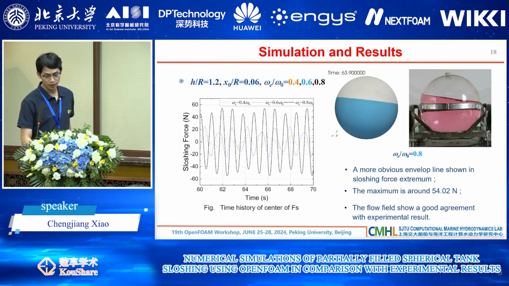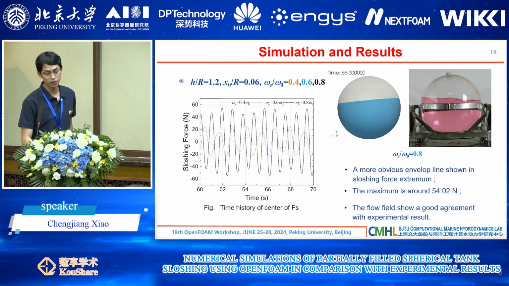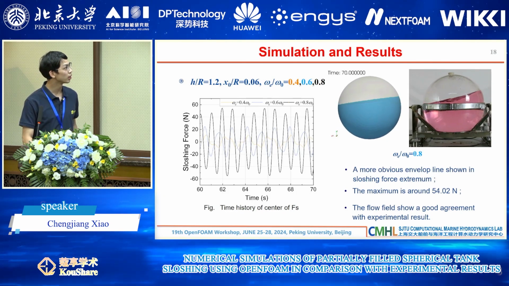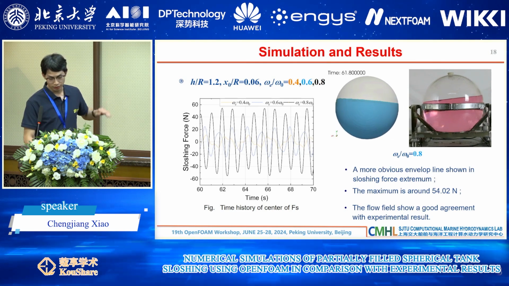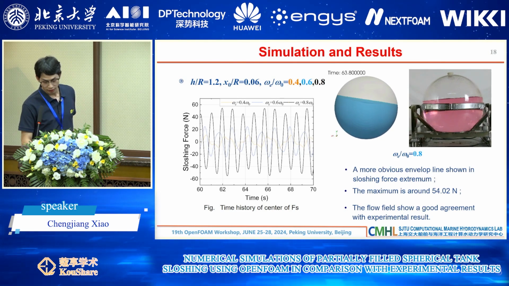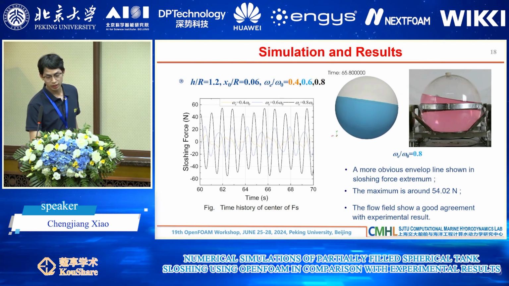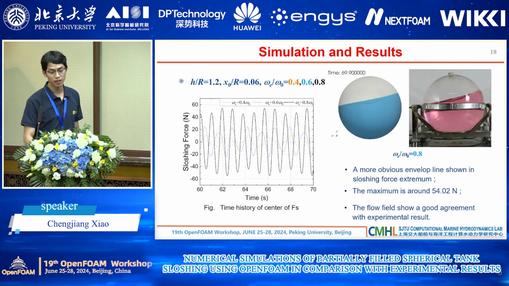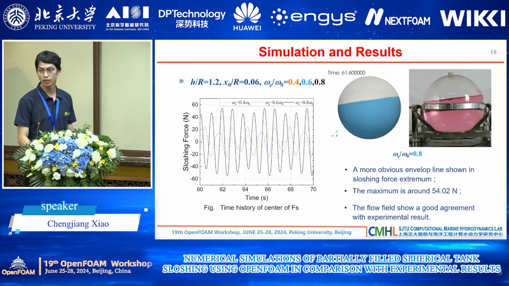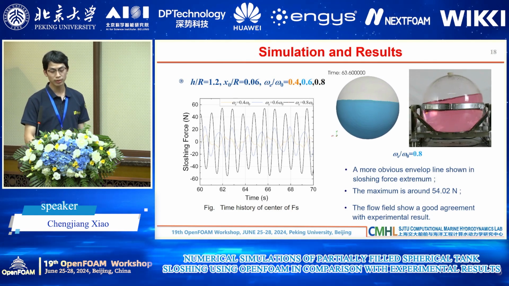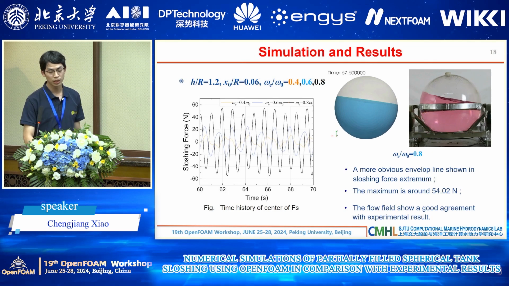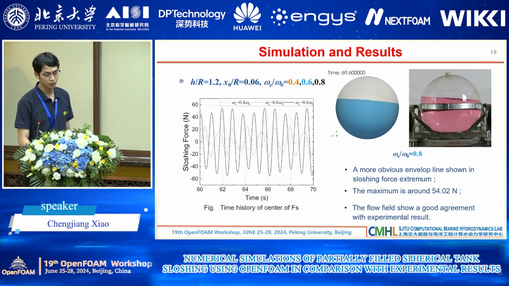From observing the animation, we conclude that the movement of the fluid is still basically in the x direction, while there's some slight fluctuation in the y direction, and the change is linear. The simulation of the flow field shows good agreement with experimental results in linear change. The maximum is about 55.2 newtons, more than twice the value of the previous condition.